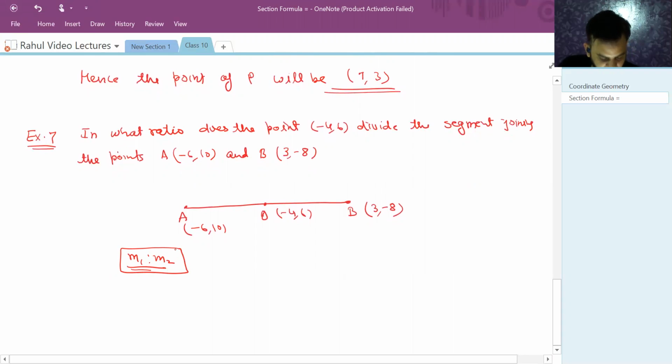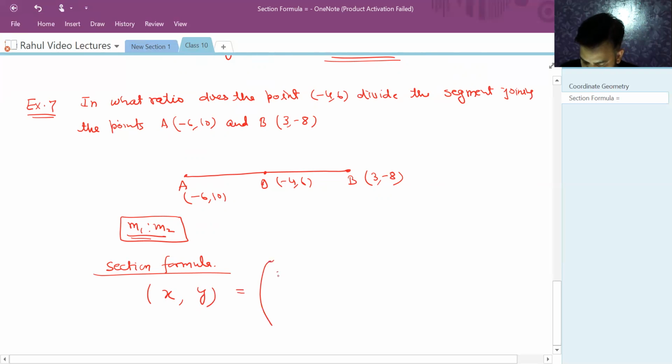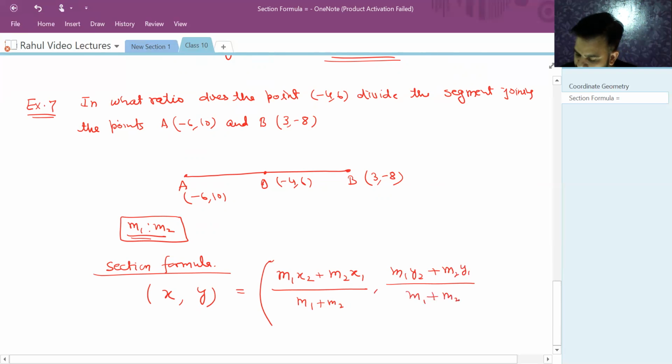So we can use the section formula. x, y will be equal to m1 x2 plus m2 x1 divided by m1 plus m2 and m1 y2 plus m2 y1 divided by m1 plus m2.